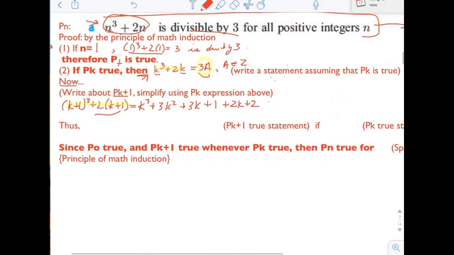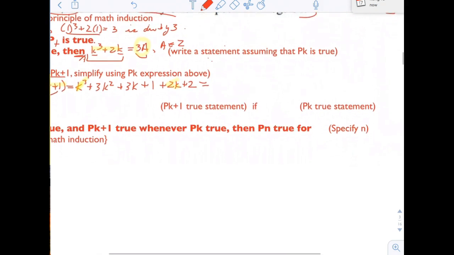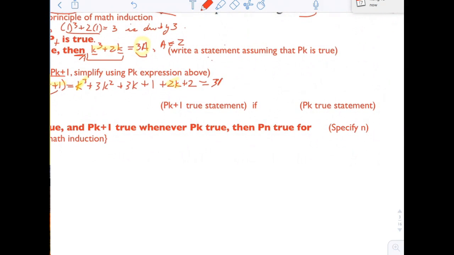And then let's try to substitute in this. So do you see how this is k cubed plus 2k? And we do have k cubed plus 2k here, don't we? So we could replace k cubed plus 2k with 3a, right? So let's do that. So now we have 3a, which we replaced k cubed plus 2k with 3a. And then we got everything left over.